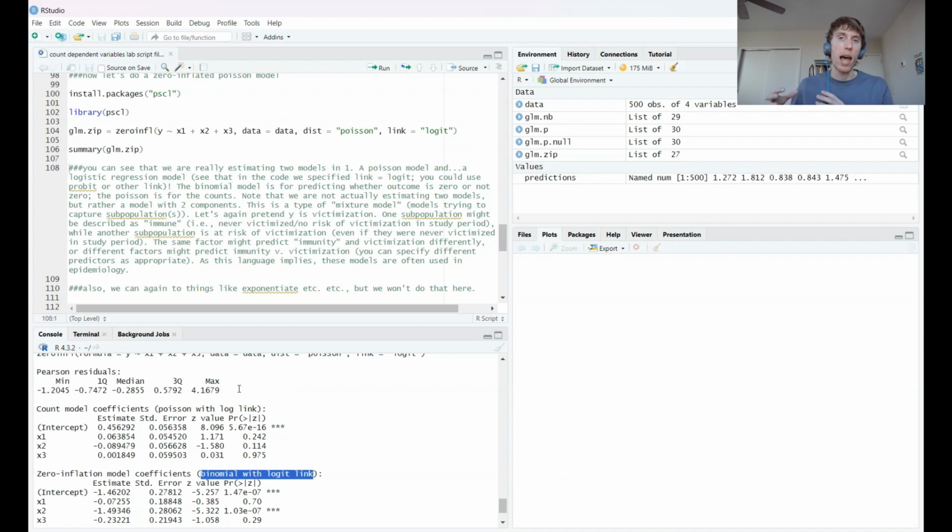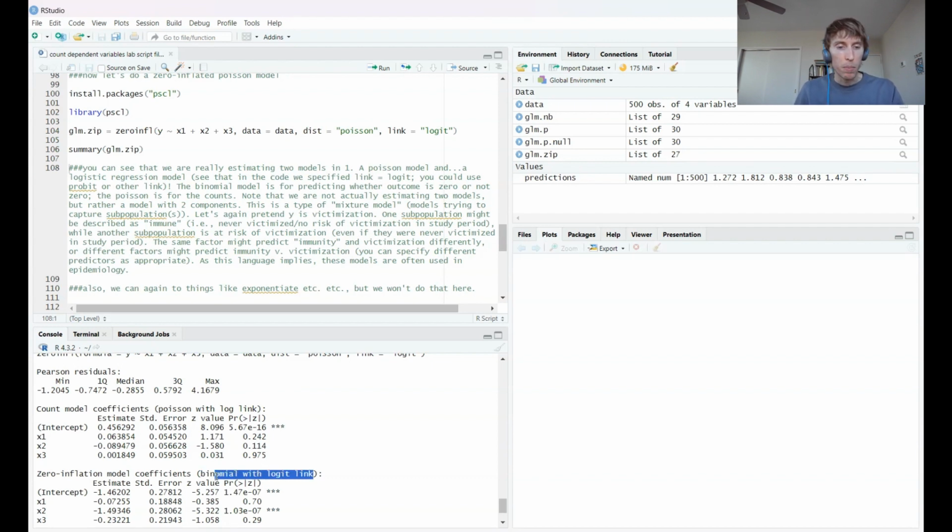And then we have this separate group that, whether or not they actually were victimized by a particular crime during this particular study period, they did exhibit or were at risk of being victimized. So that's the idea of what we're trying to capture, again, these subpopulations here.